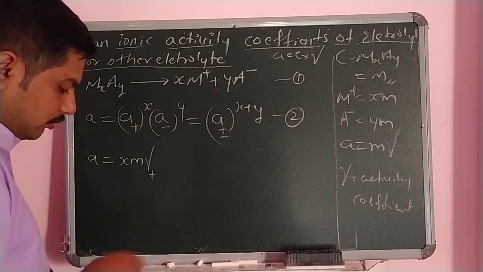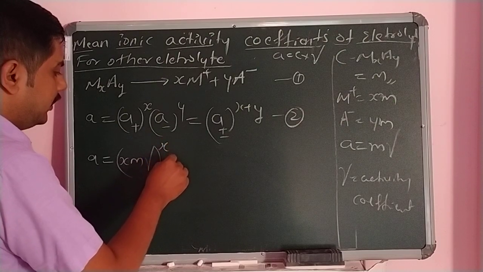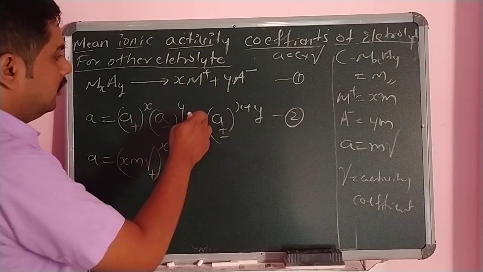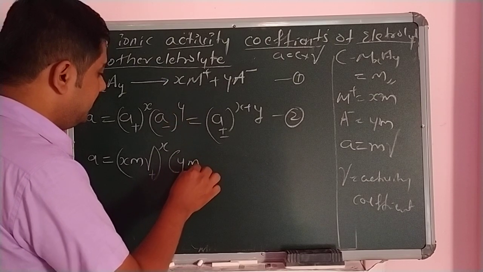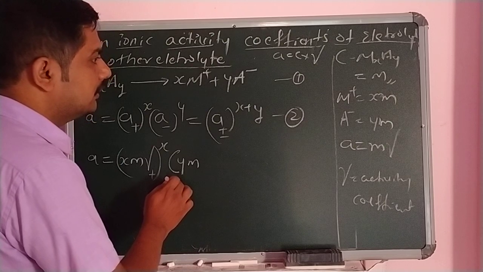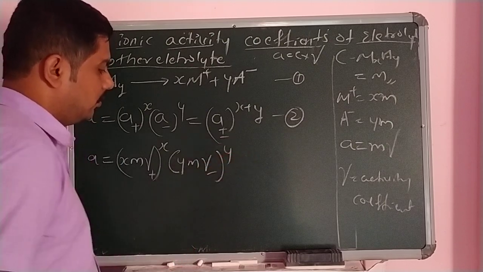So we write like this, and here it is equal to x and y m, that is y m into the activity coefficient of the negative species, to the power y.